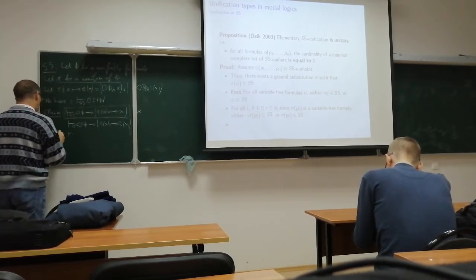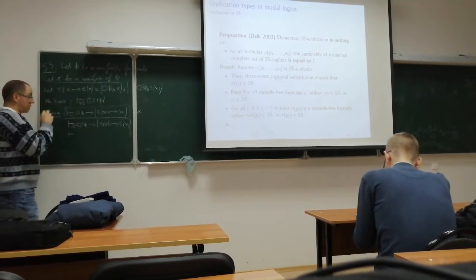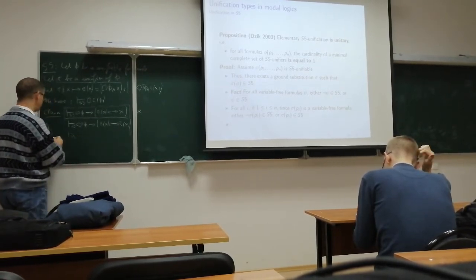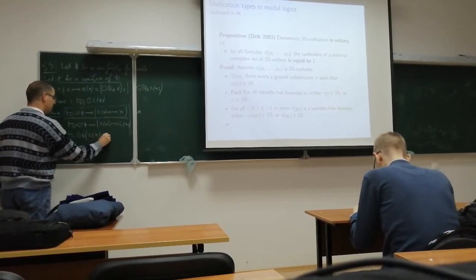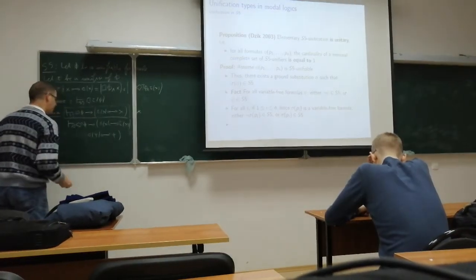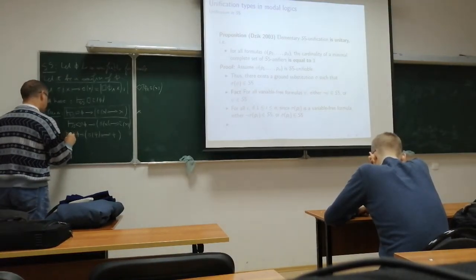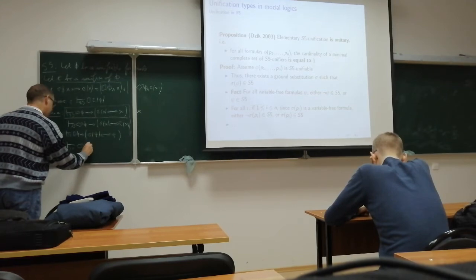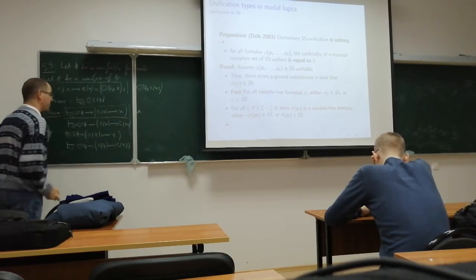In fact, for all formulas psi constructed over the same variables as phi, sigma psi is equivalent to psi as a consequence of box phi, and as a consequence of diamond not phi, we have that sigma psi is equivalent to tau psi.